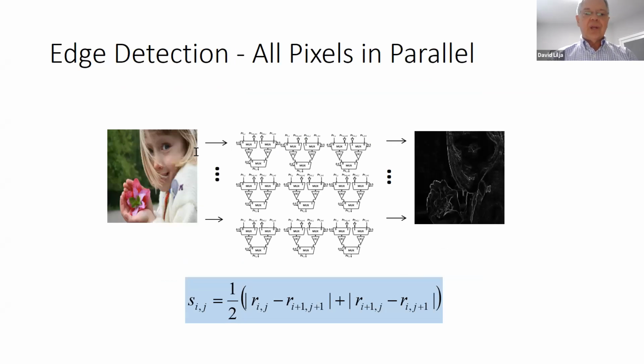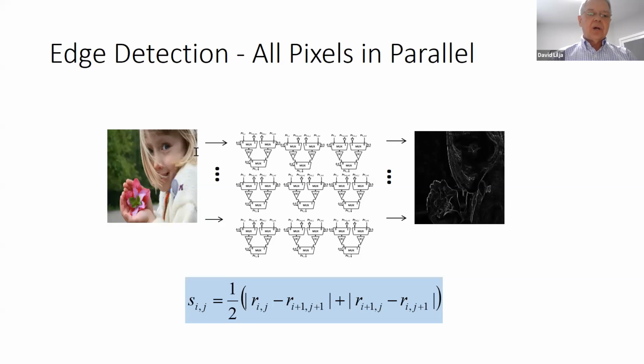And I'm doing that for each pixel. So I take that little circuit and I replicate it for however many pixels I have. And I end up doing all these pixels in parallel. So I generate from the input on the left, that image on the right, and I do that in 2 to the M clocks, where M is the number of bits that I want to represent in this. So I'm doing 4 bits, 2 to the 4th clocks, 8 bits, 2 to the 8th clocks, and so forth.